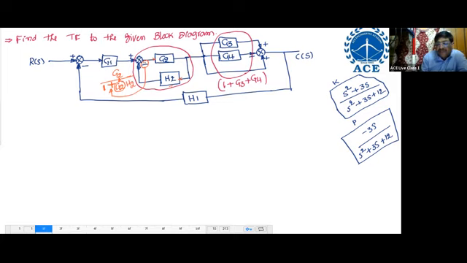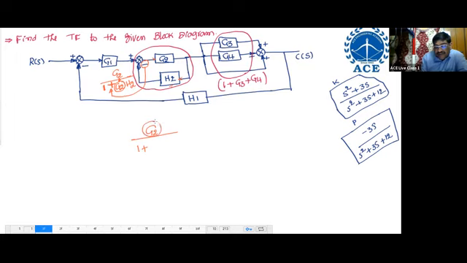To the feedback path, what is the forward path you observe? That is G2. G2 by, no term in the denominator means 1. Opposite sign of the feedback; minus means plus.